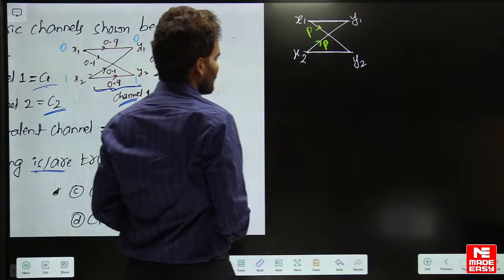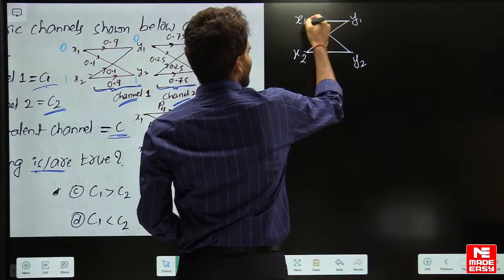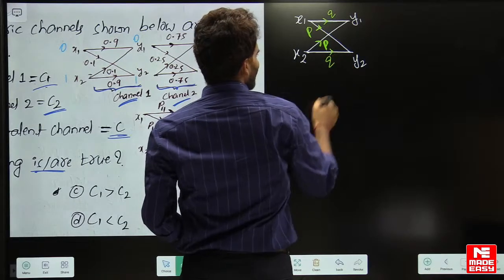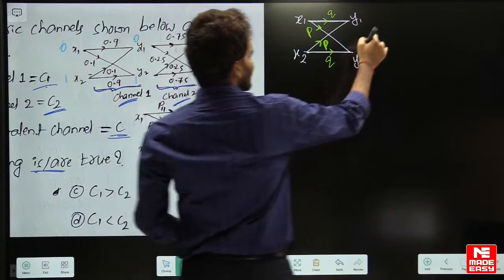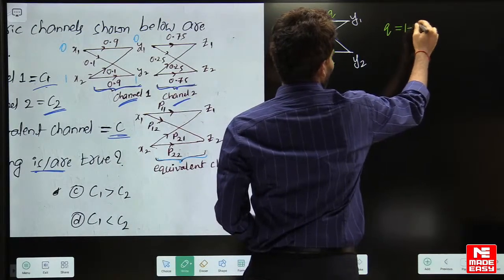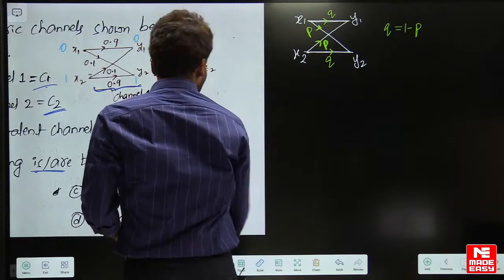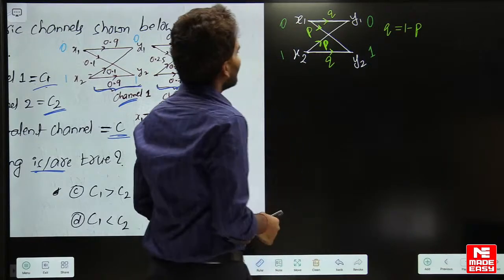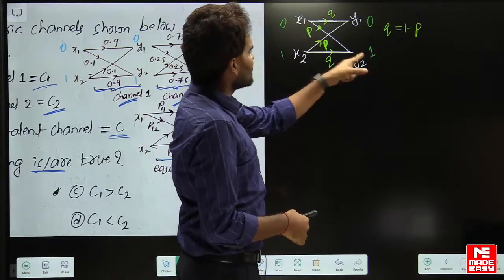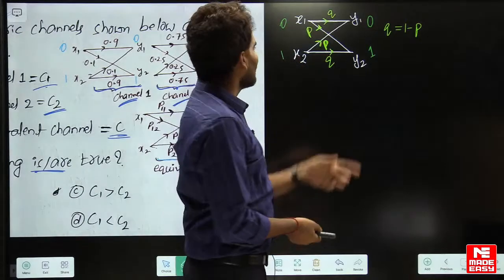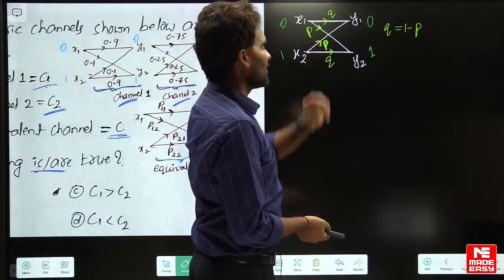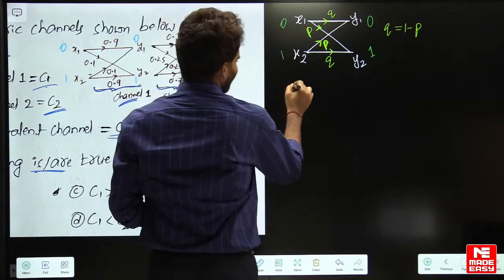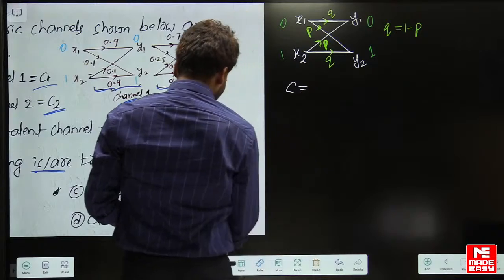So this is P and P. And P0 by 0, I'm denoting with Q, and this is also Q, where Q is of course 1 minus P. For a binary symmetric channel, 0 and 1 are transmitted and 0 and 1 are received. If the probability of transmitted 0 being received as 1 is P, then transmitted 0 being received as 0 is 1 minus P, which I'm denoting with Q. And now the capacity of the binary symmetric channel.